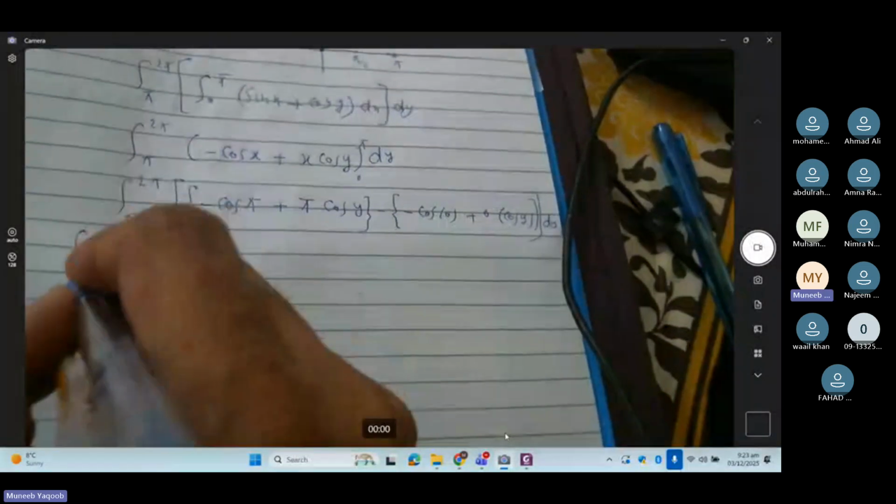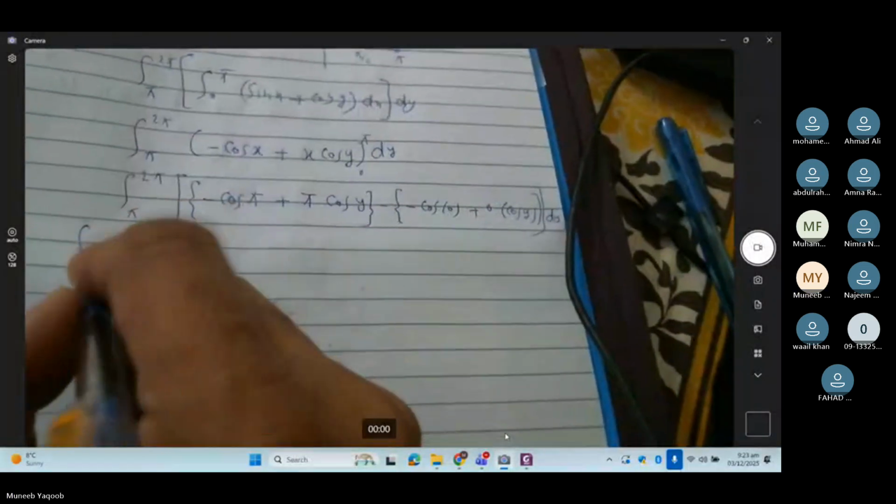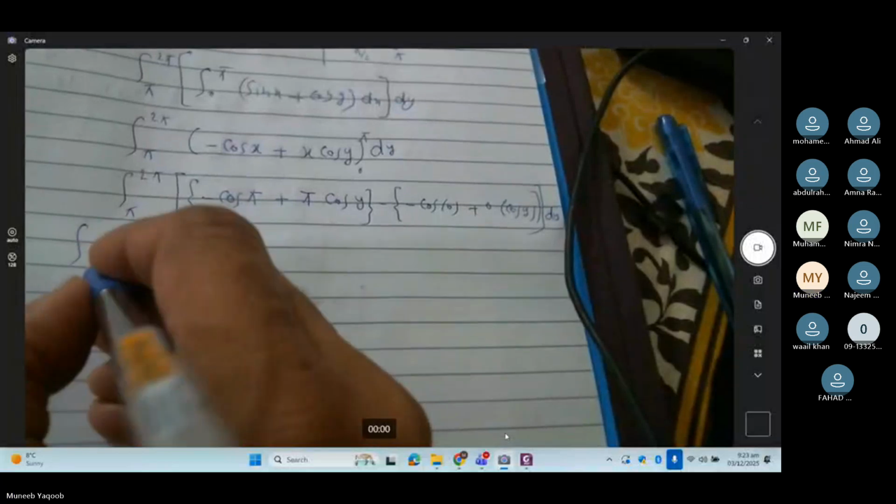Now if our calculator is in the radian mode, and we calculate, and 0 into cos y is 0.